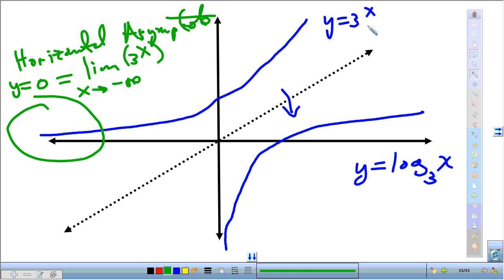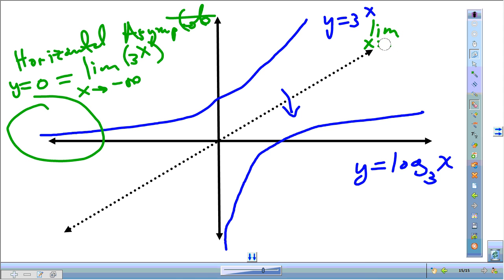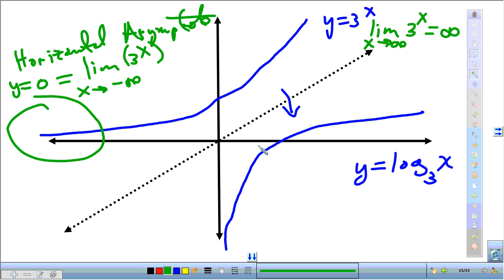Of course, if we look at the other end, we don't get asymptotic behavior, because 3 to the x grows without bound, so we get infinity at the other end. Also, in this picture, without other coefficients or terms, this would cross at 1.